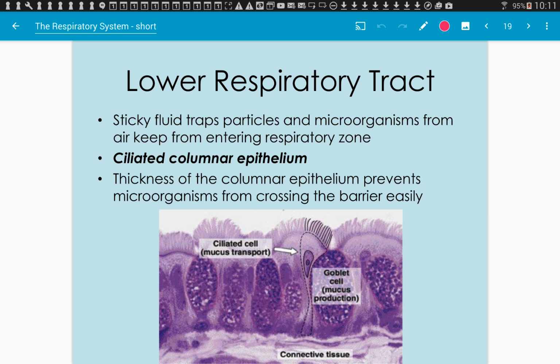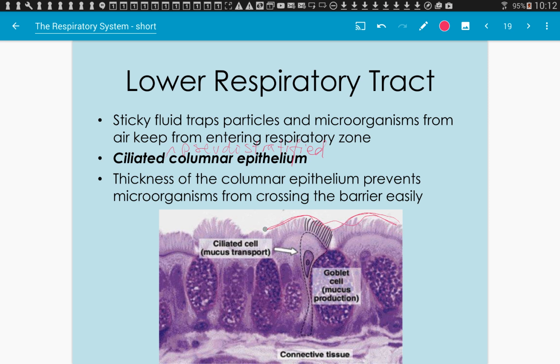Here's another good picture showing a close-up of that ciliated pseudostratified columnar epithelium. The mucus is on the surface of the cilia.